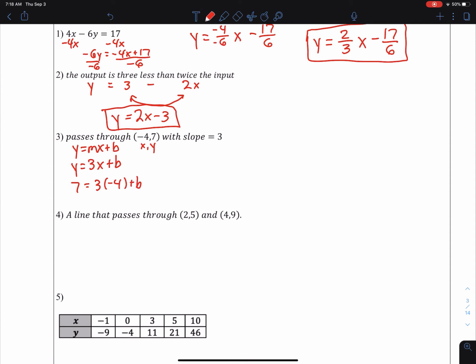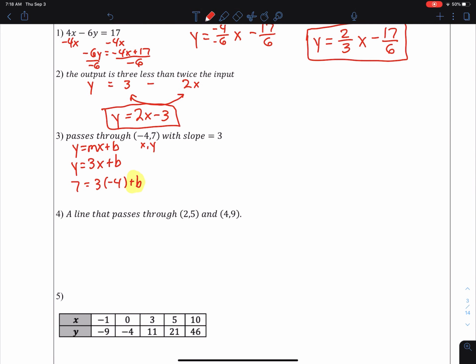And why does that help us? This is a very crucial concept for the rest of your math career. It helps us because now we can find the b, because all we have is one variable now, b. So now we can solve for that variable if there's only one variable in the equation.